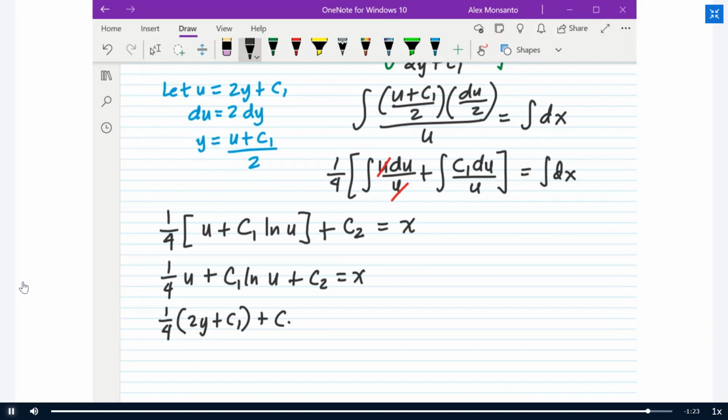Okay, plus c sub 1 ln of u, or should be 2y plus c sub 1. Okay, plus c sub 2 is equal to x. Okay, ngayon, pwede na natin gawin. Ito yung multiply ko na. 1/4 times 2y, y over 2. Ayan, plus 1/4 times c sub 1, c sub 1 pa rin yan.